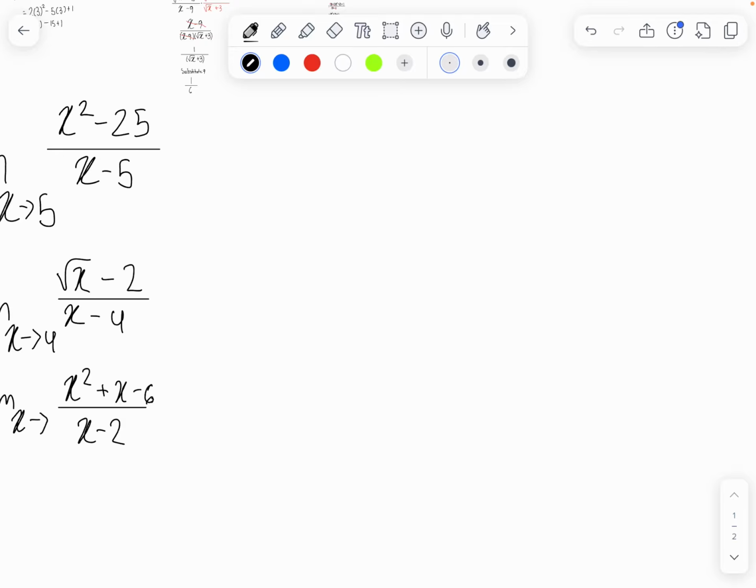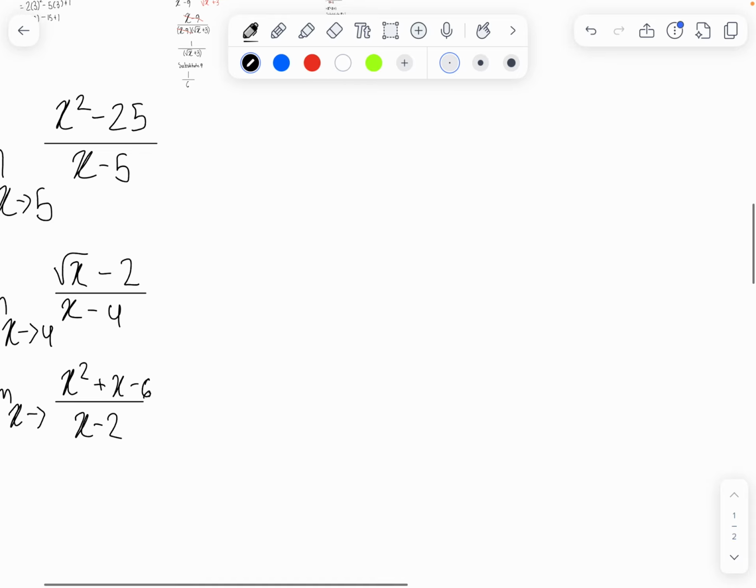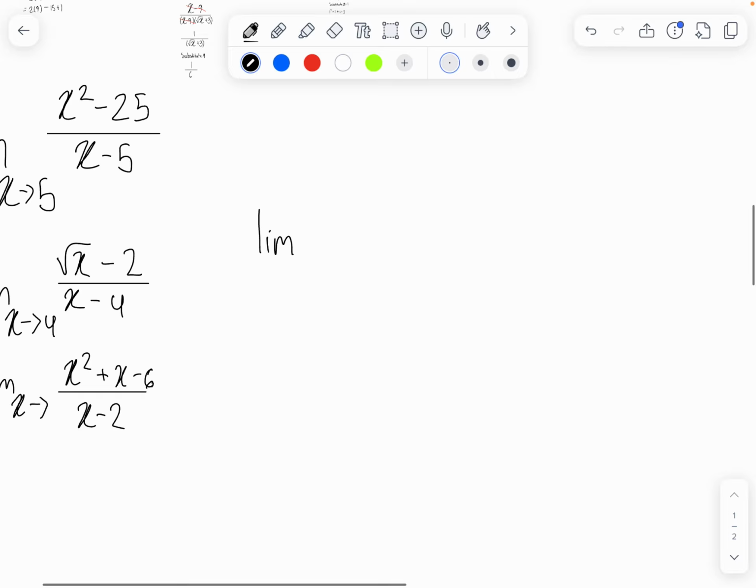Okay, for question 4, I'm just going to teach you how to do it. So, what is the limit as x approaches 0 of tangent x over x?